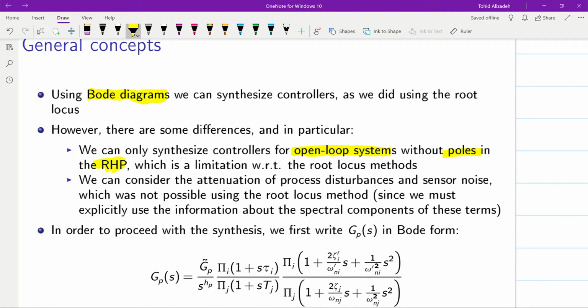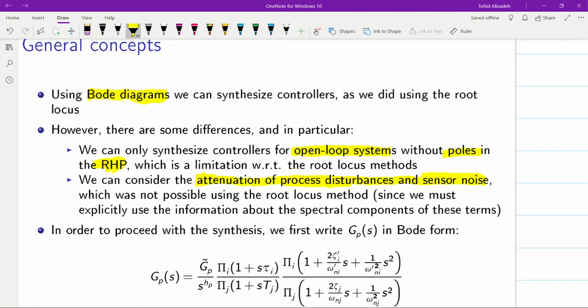However, on the other hand, we can now consider the attenuation of the process disturbance and noise. We have seen in analyzing the closed loop system using the Bode plot that we can talk about the amount by which the process disturbance, or the sensor noise, could be attenuated for a given frequency range. And we can discuss this by referring to the amplitude plot of L(jω).